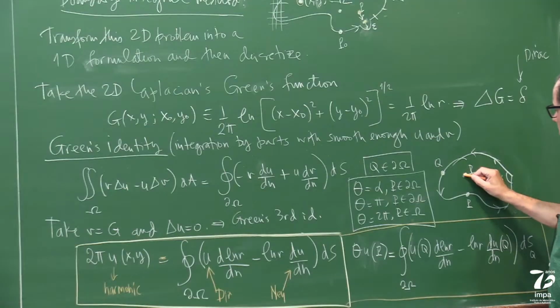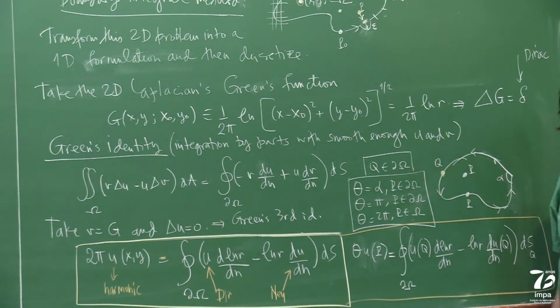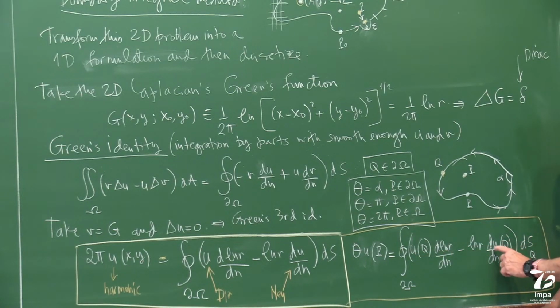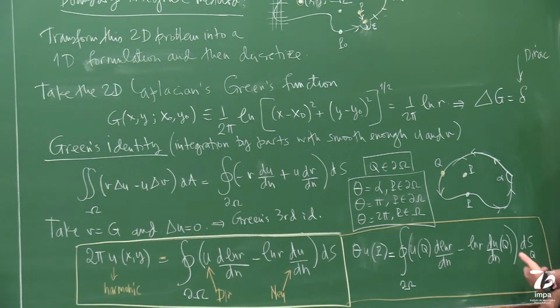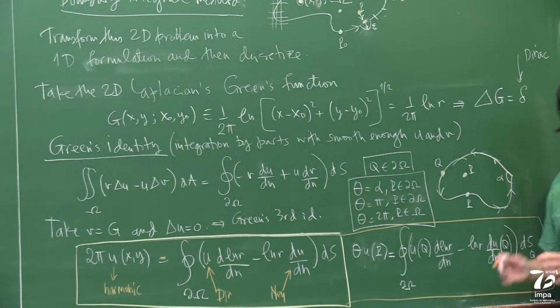Look, when the point Q, and I simplified notation, so Q is always on the boundary, R is the absolute value of P minus Q, the distance from P to Q. U of Q and du dn of Q are the Dirichlet data and the Neumann data because Q is on the boundary. Now this term I can have in three flavors.